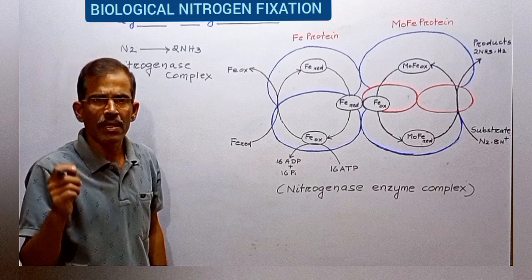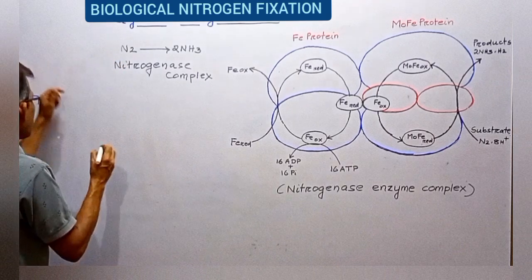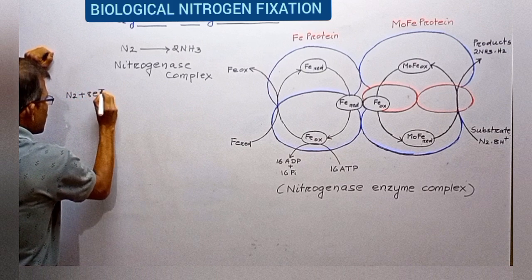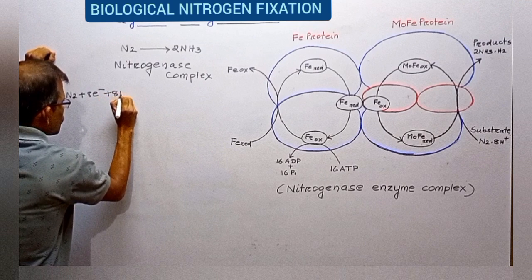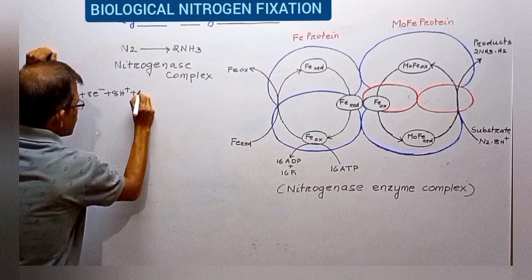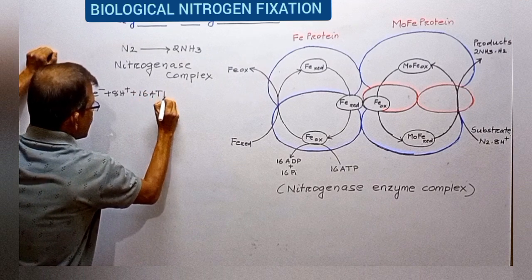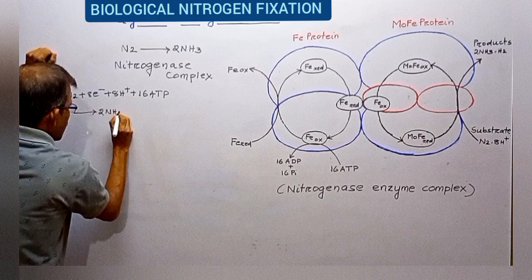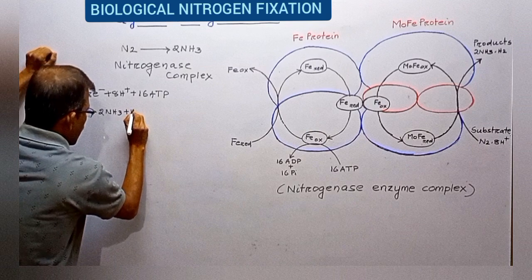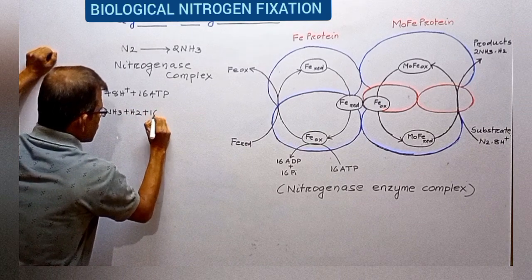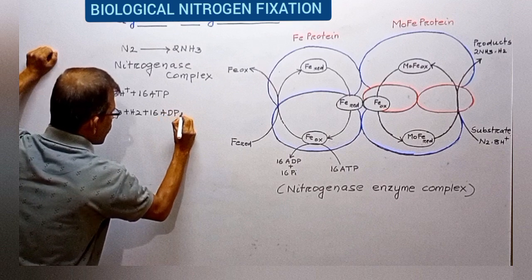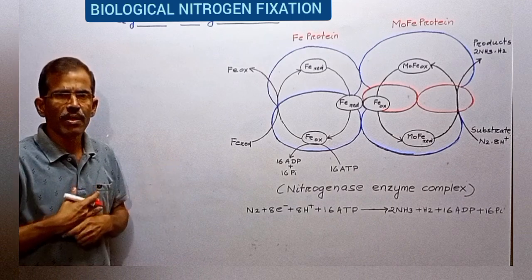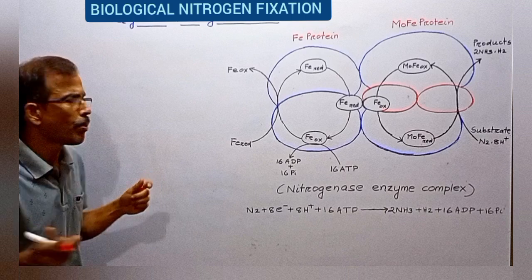The overall reaction catalyzed by the enzyme nitrogenase complex is N2 plus 8 electrons and 8 protons plus 16 ATP gives rise to 2NH3 plus H2 and 16 ADP plus 16 inorganic phosphate.